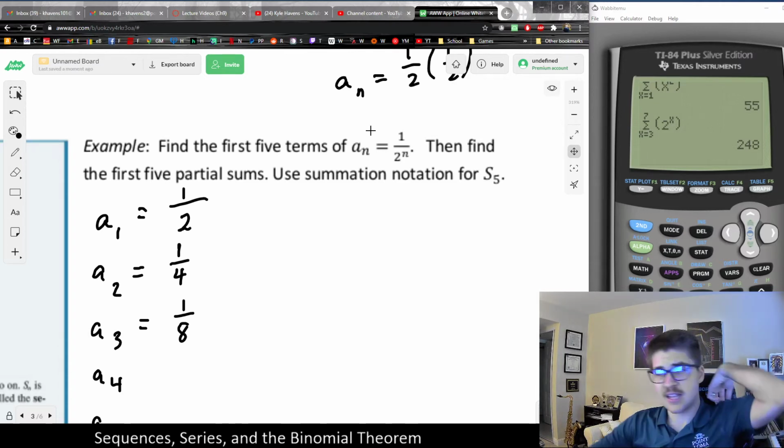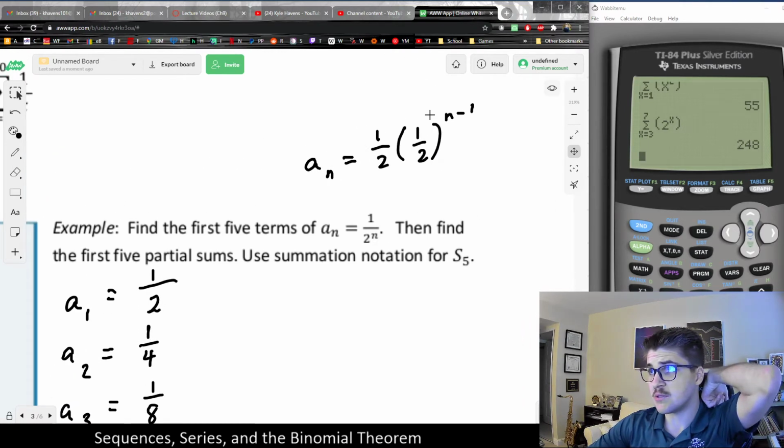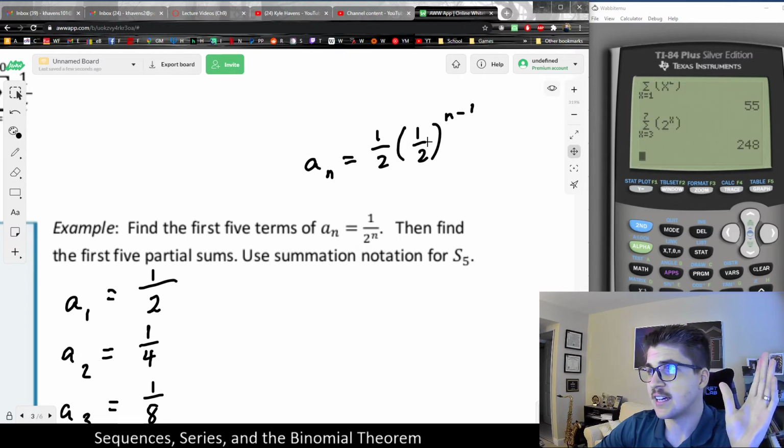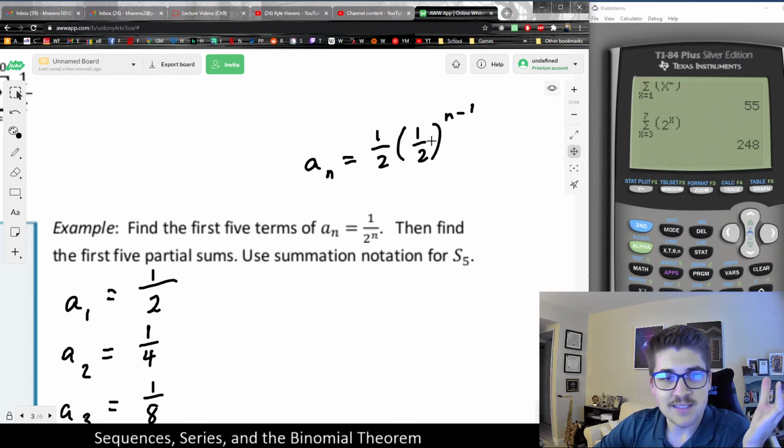Did I call this an arithmetic sequence a minute ago? If I did, I misspoke. I sometimes mix them up by accident, but it's geometric. And if I use the geometric sequence formula, I would get this.